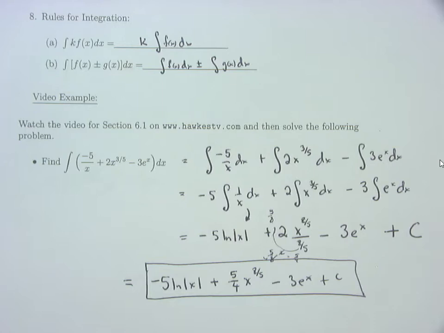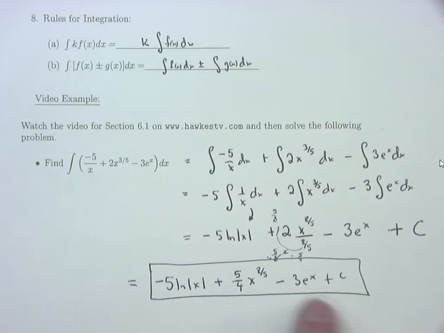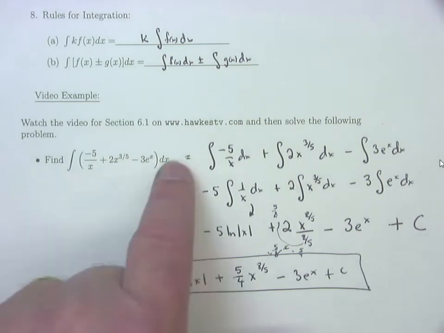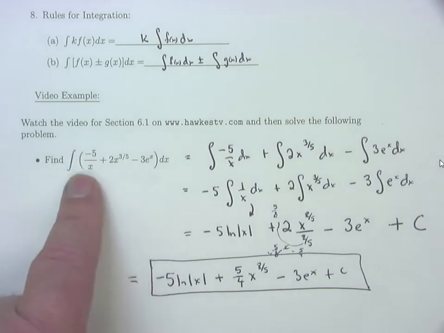So, if you want to check this, knock yourself out. You know how you check this thing? You see this function right here? That's going to be that big f of x. If you take the derivative of this guy, you know what you're going to get? What's inside that integral dx? Derivative of -5 natural log of x is going to be -5 times 1 over x.